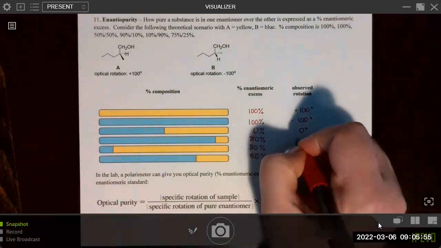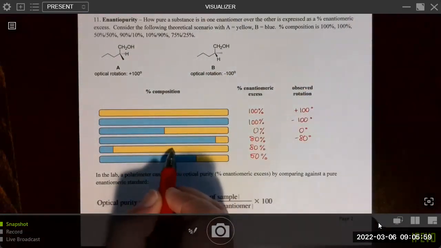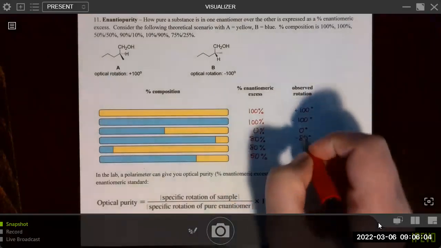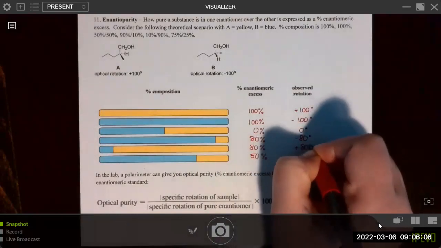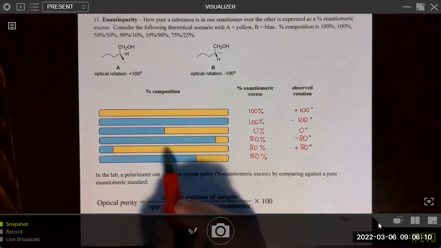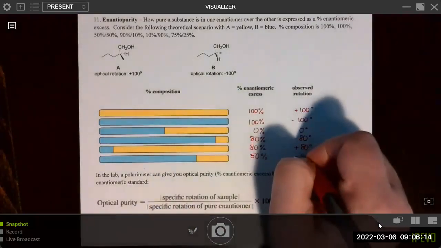It would be negative 80. If the excess was 80% in A, it should be positive 80. And then 50% excess, where the excess is the blue one, would be negative 50.